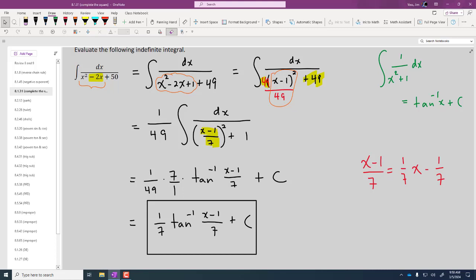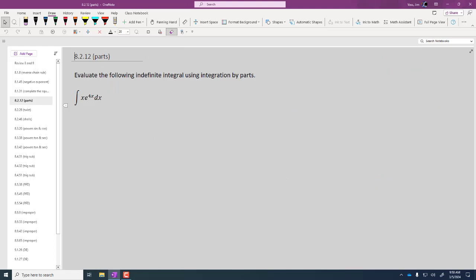Let's jump to integration by parts. So integration by parts. Remember that at its core, integration by parts is essentially a reverse product rule. That's kind of how we think of the power of integration by parts: it's for products, when you're trying to integrate a product.